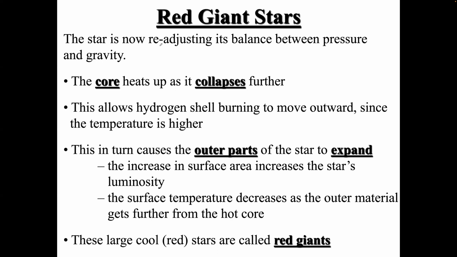And if you remember about the properties of the stars, the luminosity of a star depends on two things. From the Stefan-Boltzmann law, temperature is one factor, and the other factor is the surface area. Now, in this particular situation, because of the expansion of these shells, the surface area of the star will increase, and as a result the size of the star will increase, and because of the increase of the surface area, the luminosity will also increase.